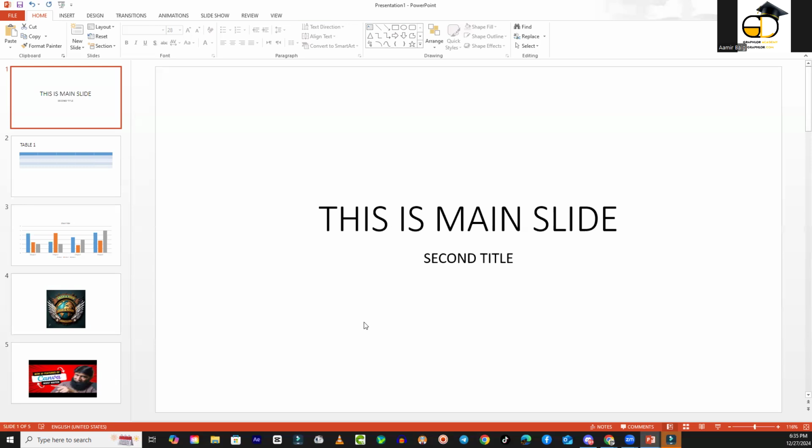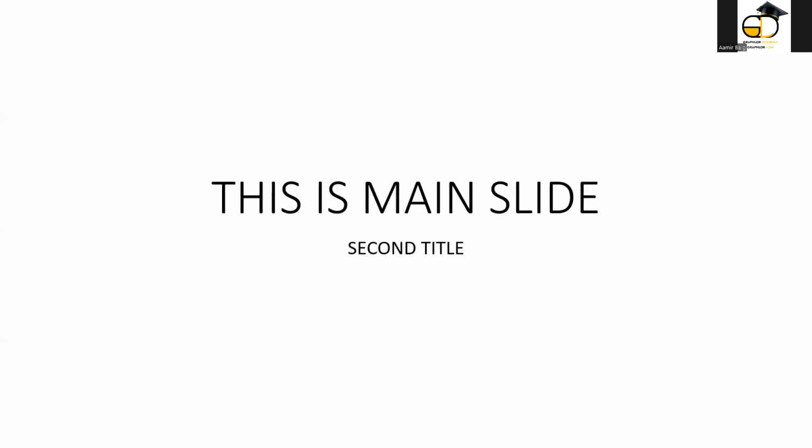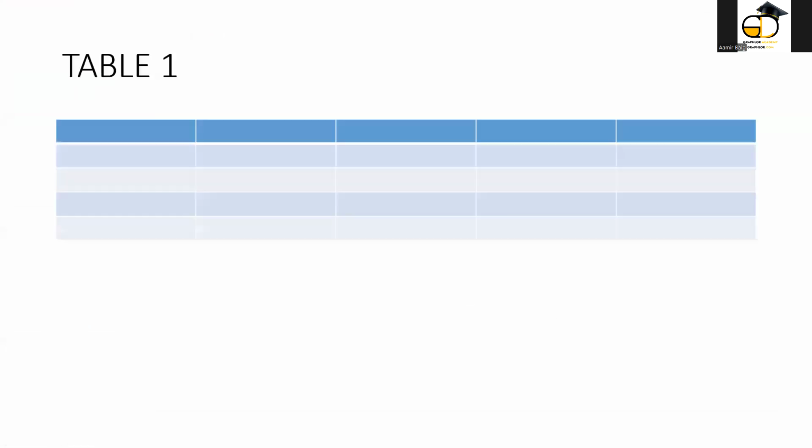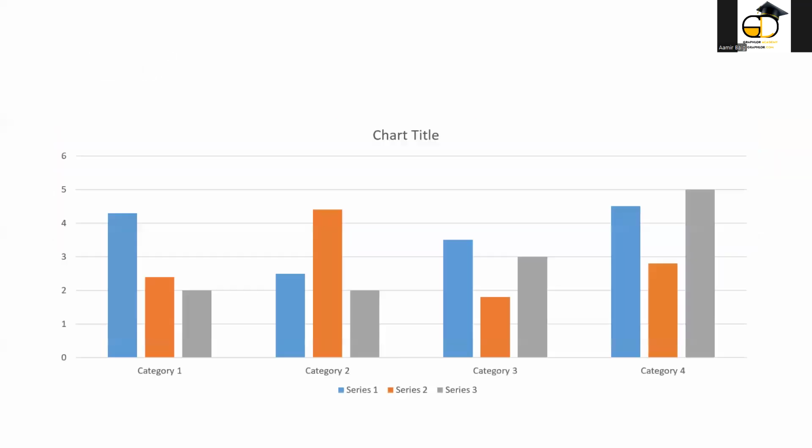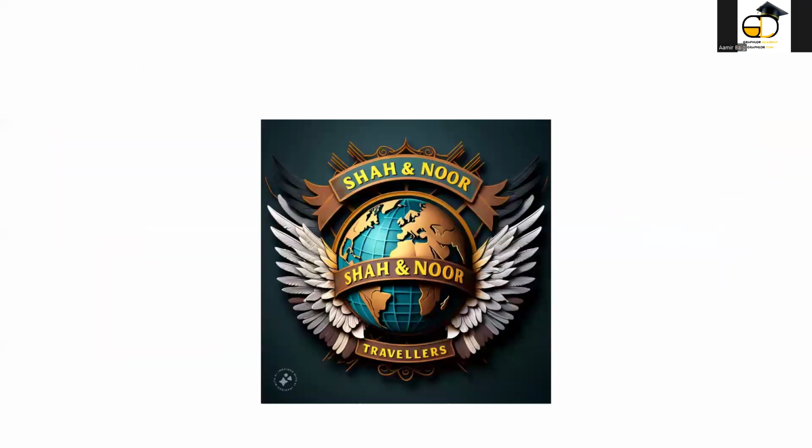F5 is the shortcut key to start the presentation directly, or you can click here, down beneath on the right side, on slideshow. When you click, the second slide will come. Just keep on clicking, and you will keep getting the next slides.